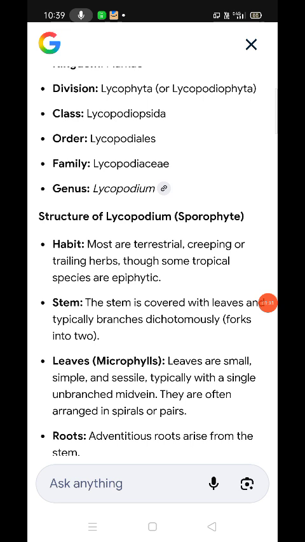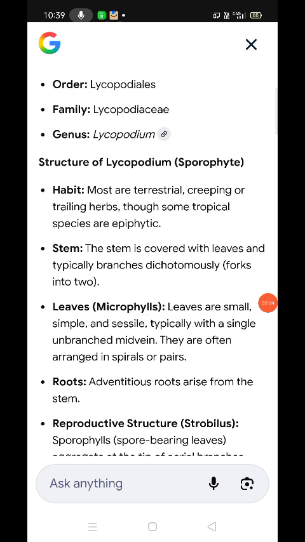Now, talking about the structure of Lycopodium, most of the time we observe Lycopodium in its sporophytic structure, which has a habit. Most are terrestrial, creeping or trailing herbs, though some tropical species are epiphytes. During the rainy season, Lycopodium is abundantly found in terrestrial form, and it is epiphytic in nature.